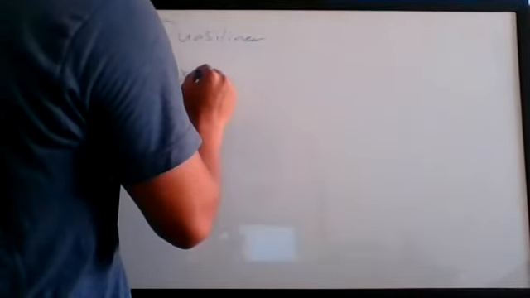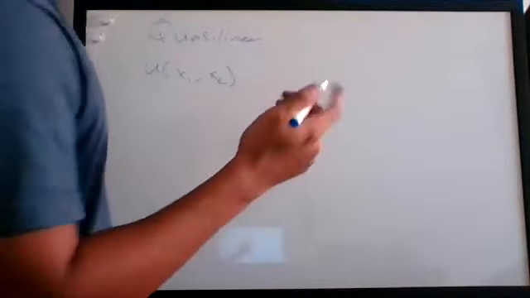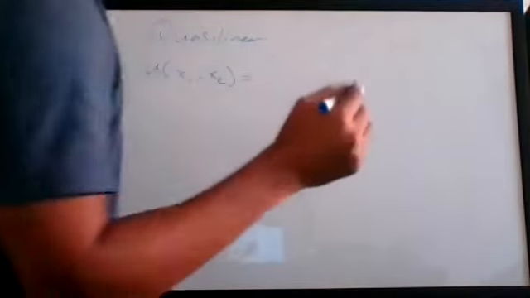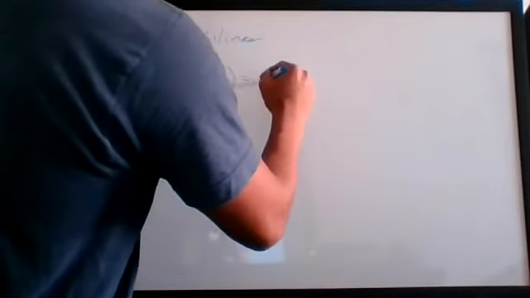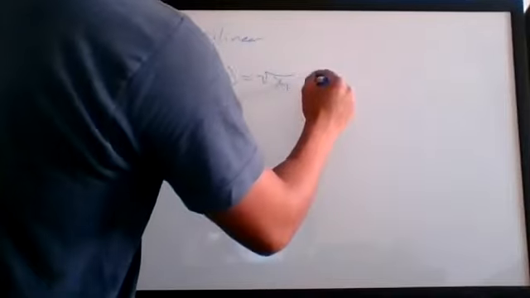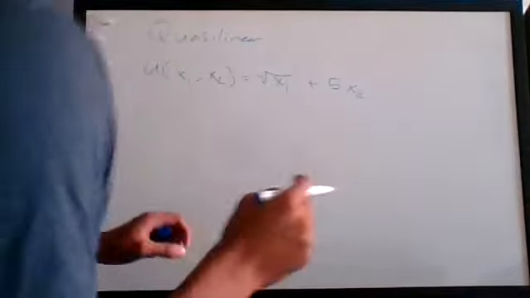But a quasi-linear utility function is one that has some sort of curvature to it, but there's also going to be a linear term that's attached, right? And so what I mean by that is something that looks like, say, the square root of x1 plus 5x2, right?